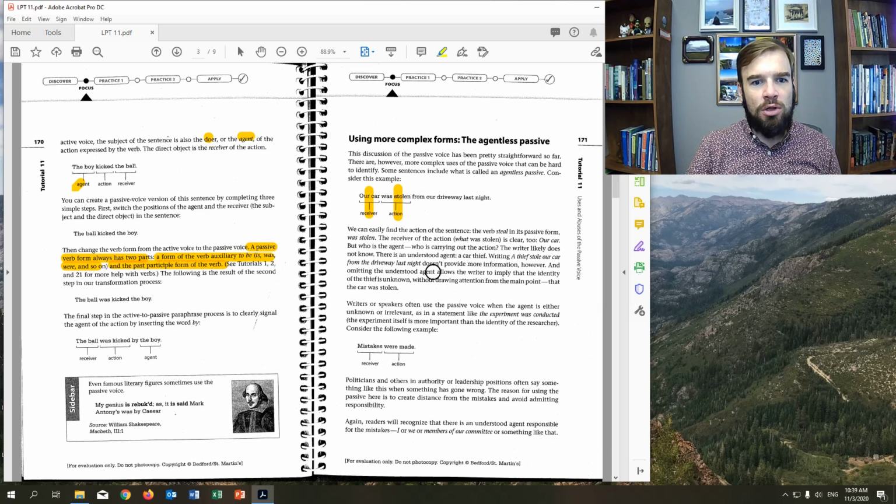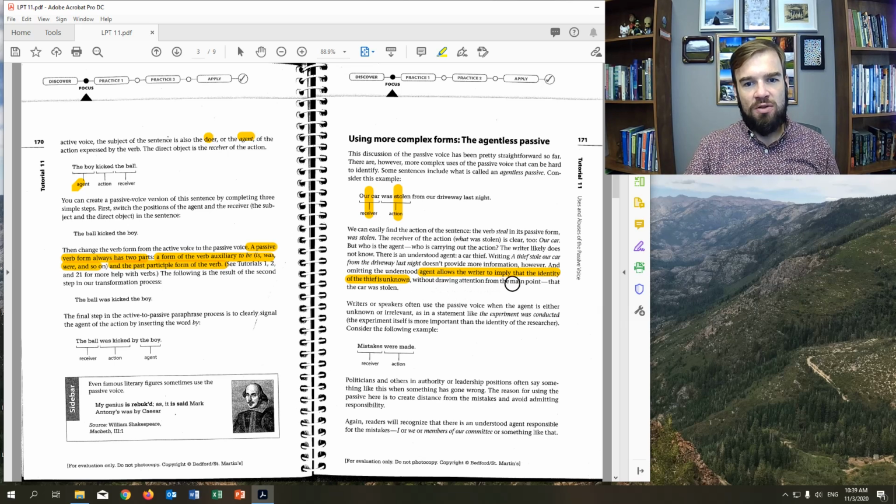Writing, a thief stole our car from the driveway last night, doesn't provide more information, however, and omitting, that means taking out, not including, the understood agent allows the writer to imply that the identity of the thief is unknown. Again, I'm going to highlight that: it allows the writer to imply, suggest, that the identity of the thief, the identity of the agent, is unknown.